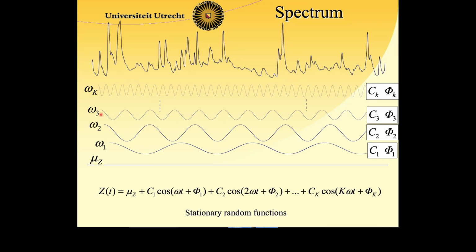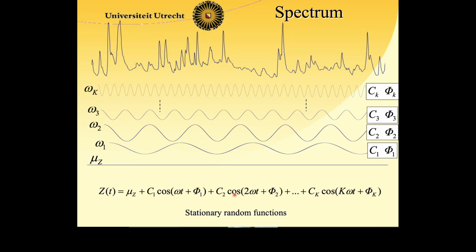So this z, if it's a fully stationary random function, has a constant mean, and then it's an infinite sum of different components, where we can see increasing frequencies. So omega is equal to 1 over the wavelength.